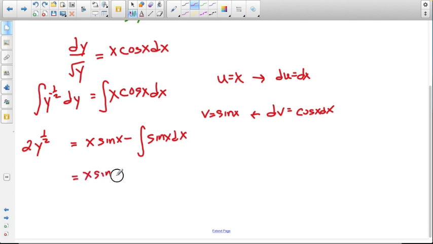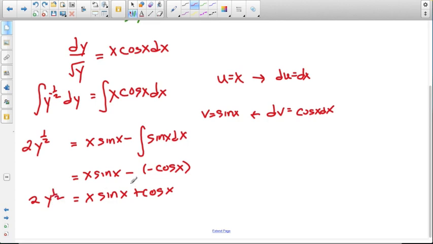So we can go ahead and integrate sine of x, and the integral of sine of x is negative cosine of x. And so we end up on the right-hand side with x sine x plus cosine x equals 2y to the half power.